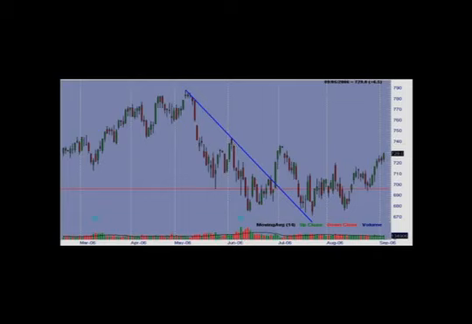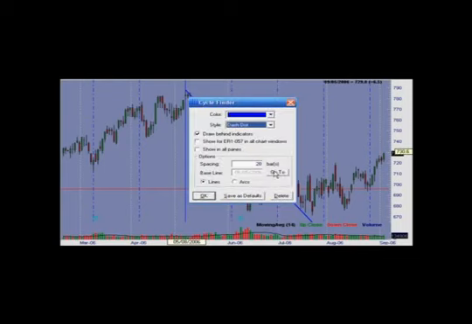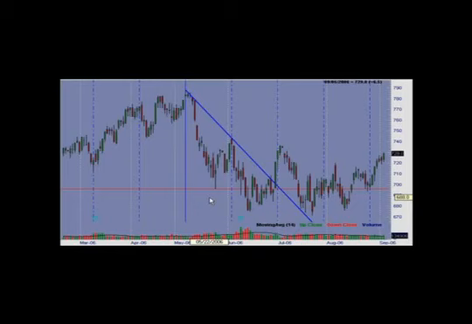Now we can count the bars, or if you have a tool such as a cycle tool, you might be able to do this very quickly by spreading across and clicking, and you'll be able to see what the actual count is. In this case, 20 bars. So 20 bars is our first calculation that we would be using in order to determine the reversal in the future. The second factor is the price difference between the second high right here, which is the last point, and the opposing point, which is right here.